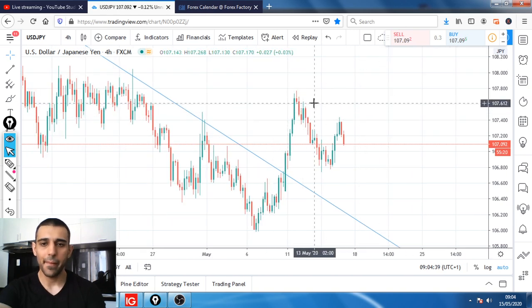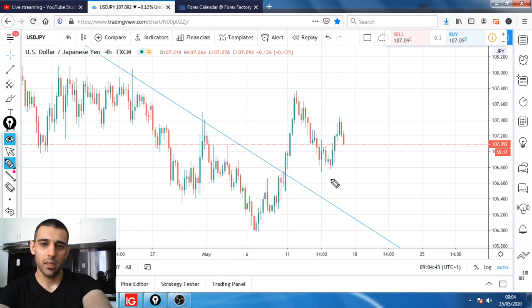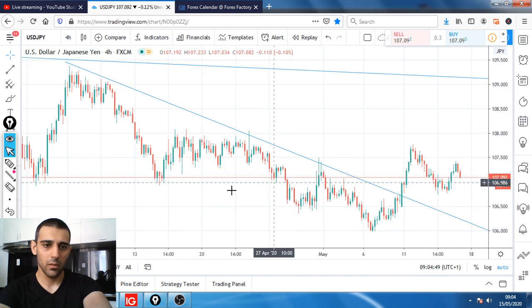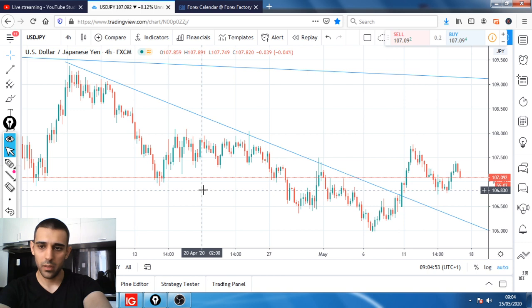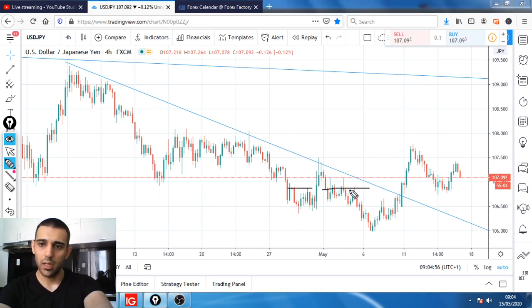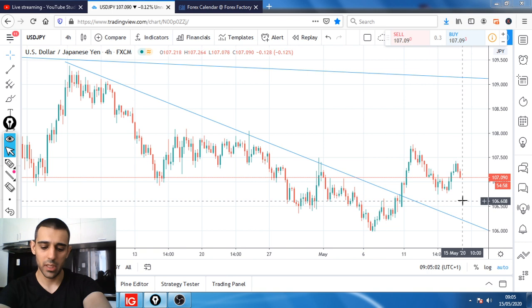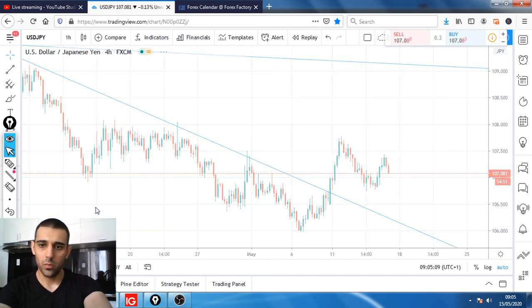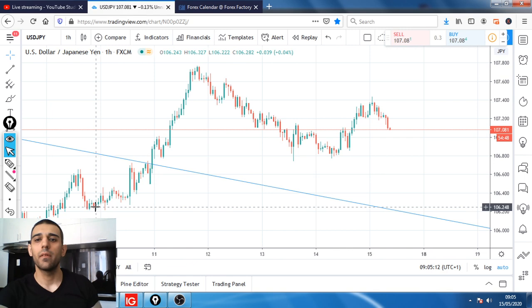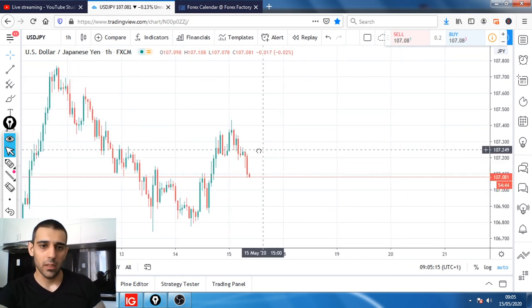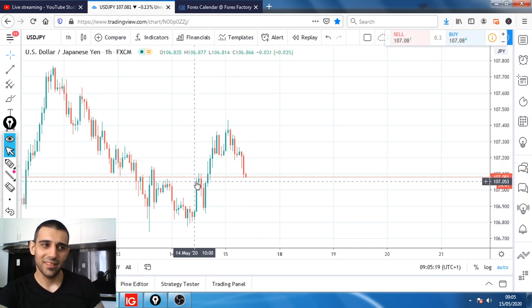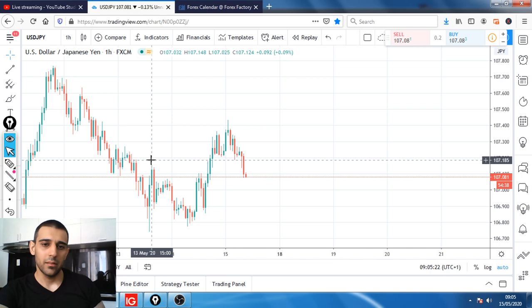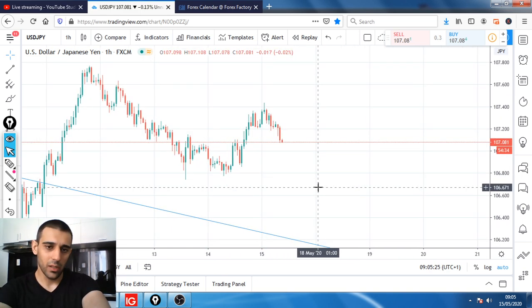On the 4-hour time frame, price pushed up again, and this one came down and has broken this one. We tested this support level down to this level, and we had this nice bounce, and now the price is pushing down again. Let's go to the 1 hour time frame. The price is pushing down.